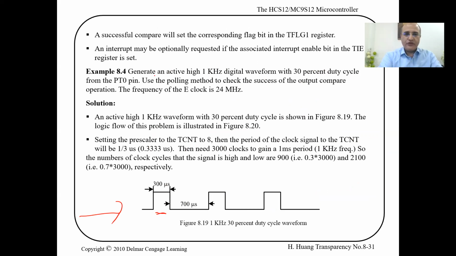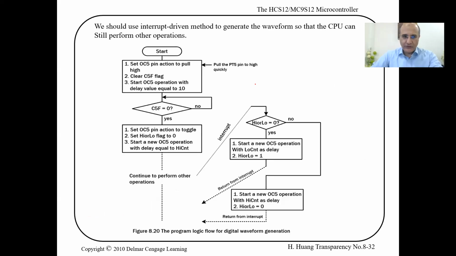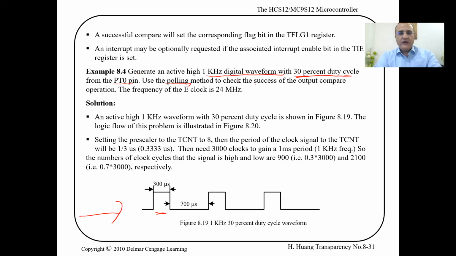Okay, if we were asked to do this example: generate an active high 1 kilohertz digital waveform with a 30% duty cycle on port T0 pin. Use the polling method, meaning no interrupts, just keep waiting for the flag to check the sequence. I'm going to do this with interrupts, but here they're doing it without interrupts. Check the success of the output compare operation.